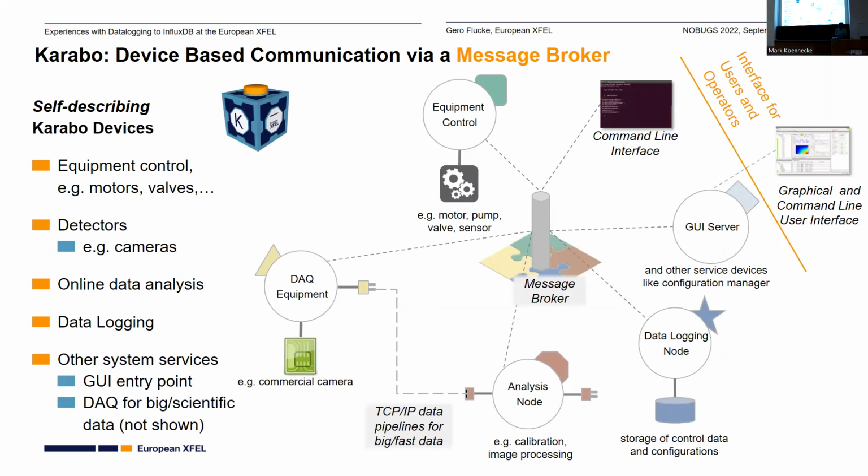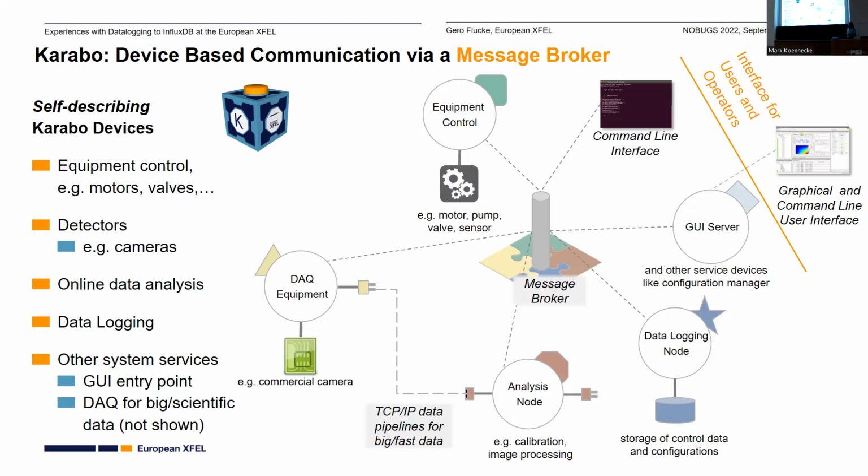Karabo is our control system. It's device-based communication via message broker, where the main entities are self-describing devices for equipment control, for motors and pumps, data acquisition like cameras, also an online analysis mode can be in there, or data logging, which is the topic of this presentation.